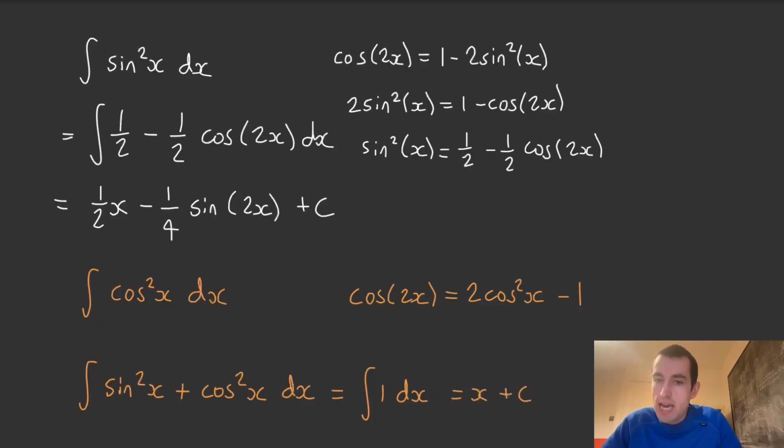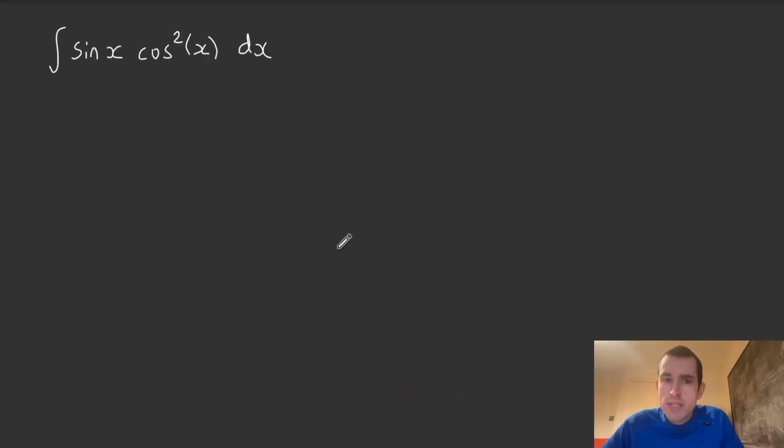So just make sure if you add the integral of sine squared and the integral of cos squared, you do indeed get x. That's just a nice little check to see if it works, but really it's the double angle formula that you need to associate with the square of sine or the square of cos, and how to integrate them. What if we wanted to integrate sine x times cos squared x?